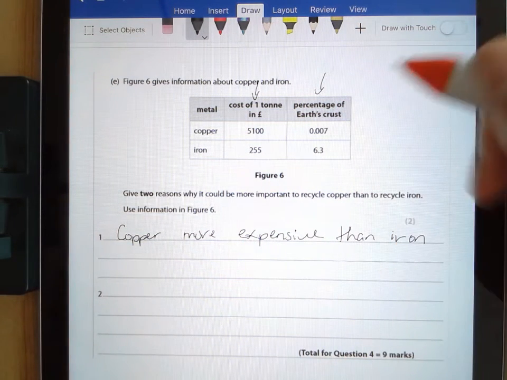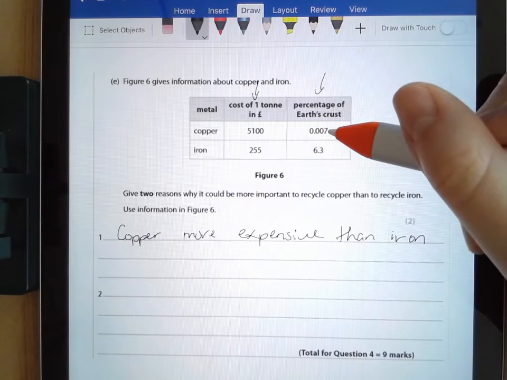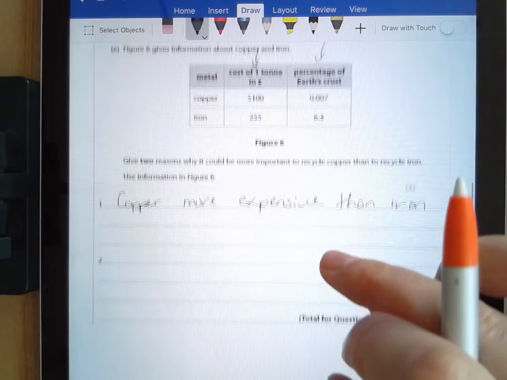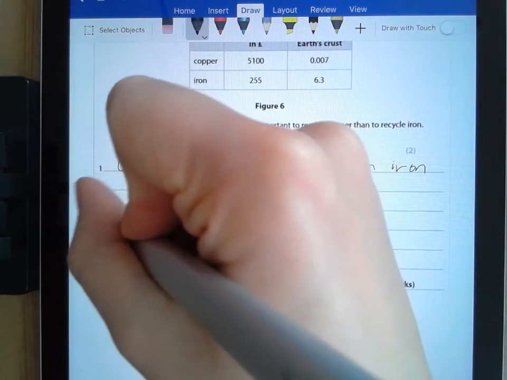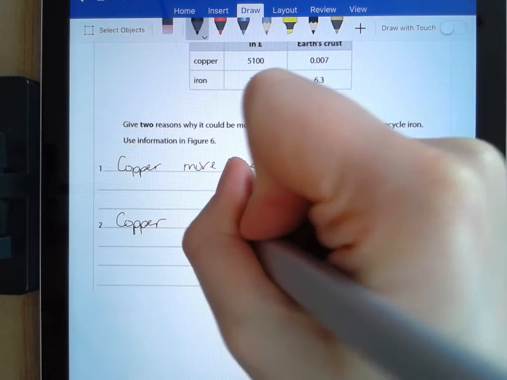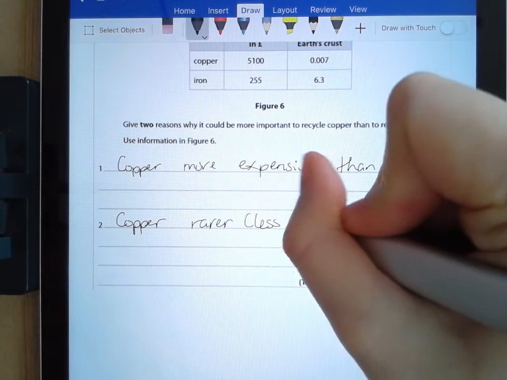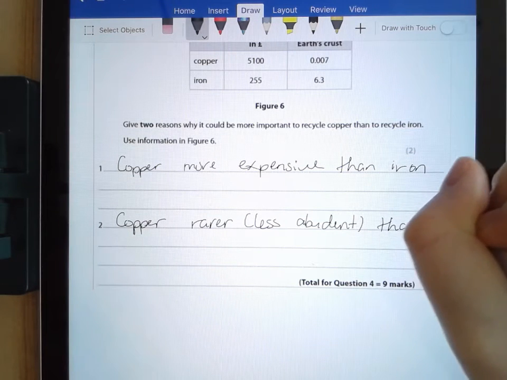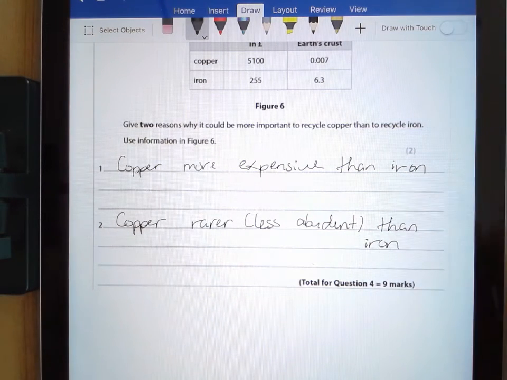And then you look at how much of it's in the Earth's crust, and you see you've only got 0.007% copper, but you've got 6.3 of iron. So I'm going to write copper, you can write rarer, or you can write less abundant or less common than iron. Okay.